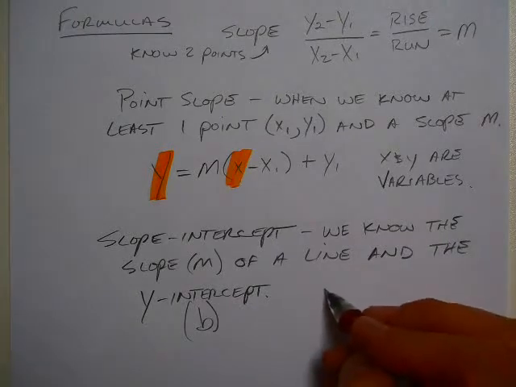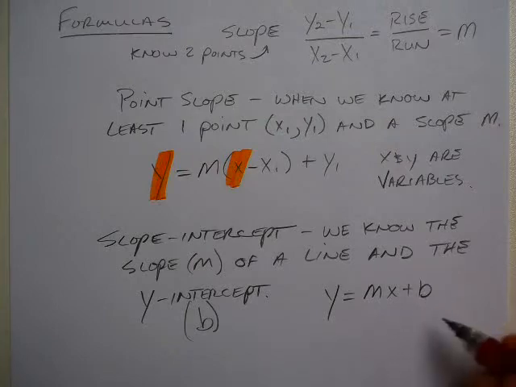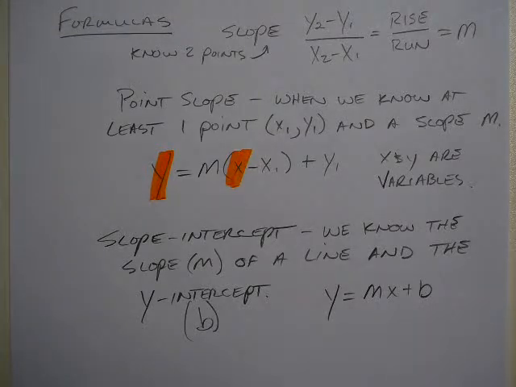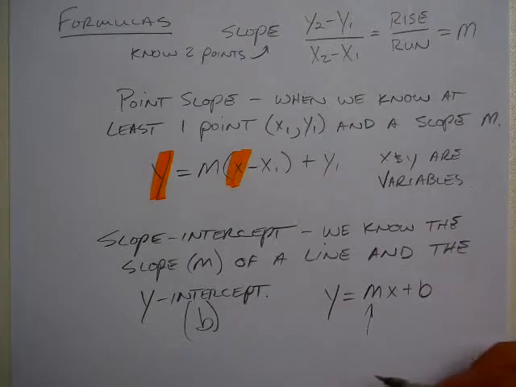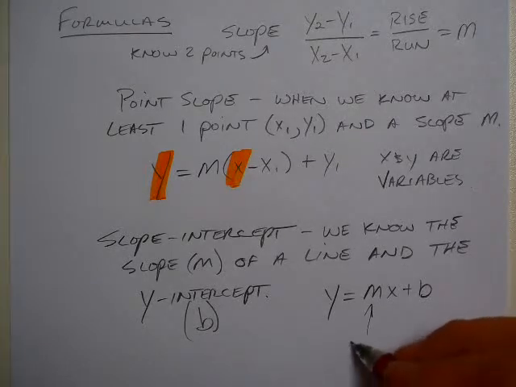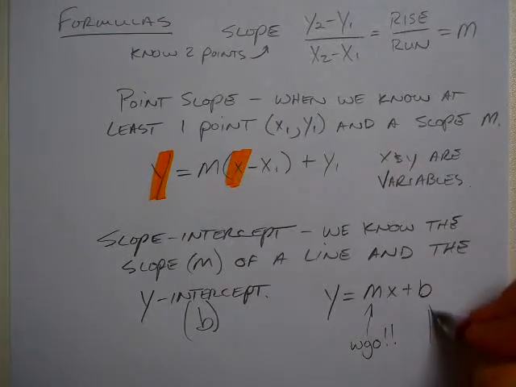And this formula looks like this. Y equals mx plus b. Now, we've seen this one. We've been using this one. What's the m? That's slope. That's the what's going on. What's b?